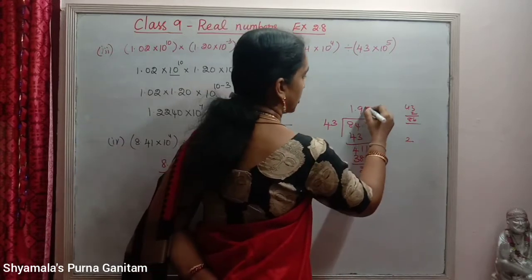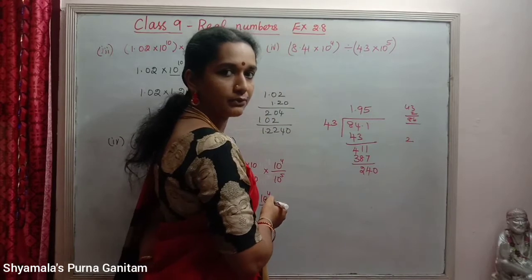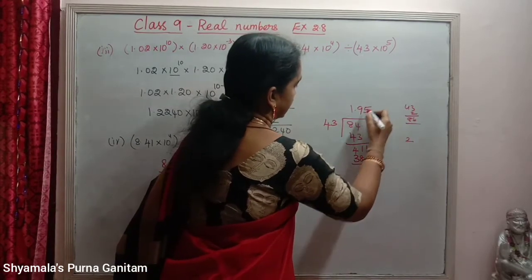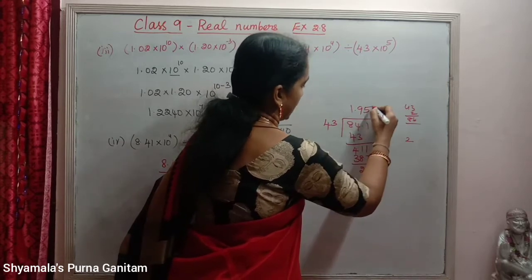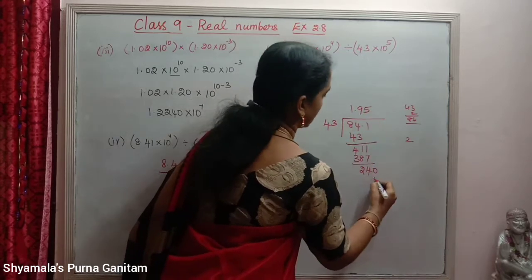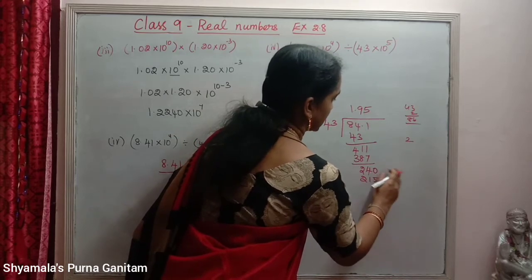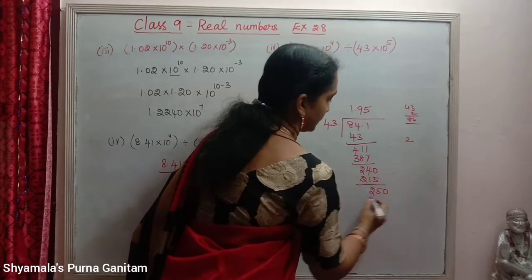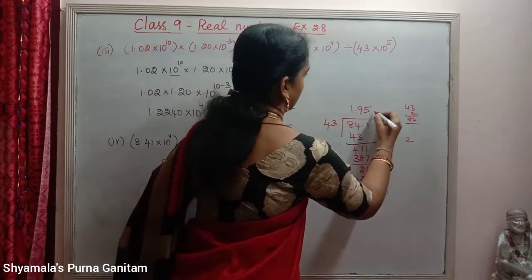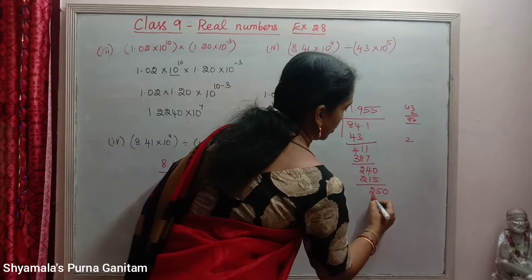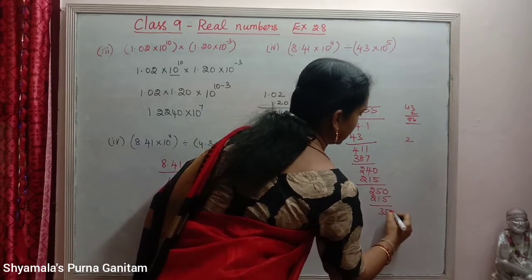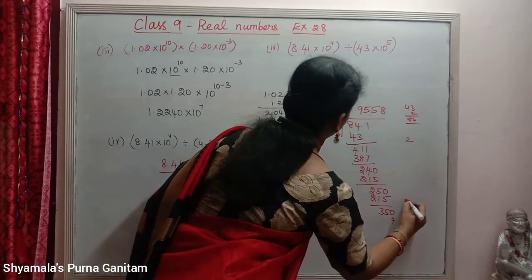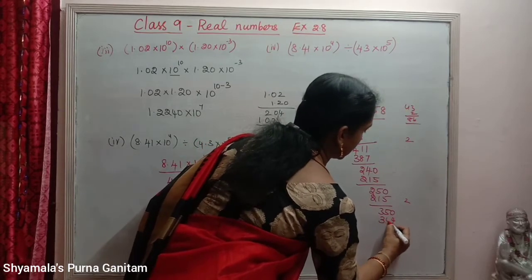Next, 6 times it won't come, 5 times. Then again 5 times only. 5 3s are 15, 5 4s are 20 plus 1 is 21. Again 250, again 5 times only. Balance is 350. Then 8 times, 8 3s are 24, 8 4s are 32 plus 2 is 34.